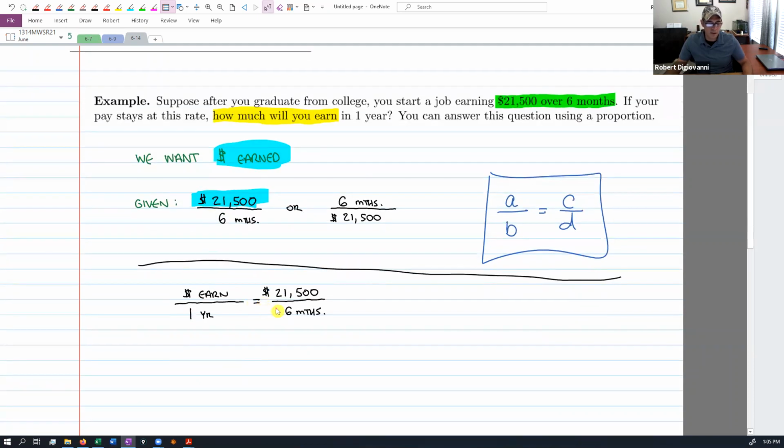Okay, so again, we want to know how much money we're going to earn. We don't know yet. For working 1 year, that should be proportional to the money we were making, which was 21,500 over 6 months. Now, the way this is written is not correct yet. Can y'all see what the problem is here with something?